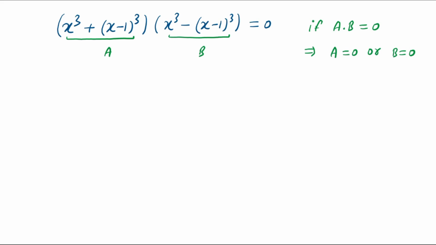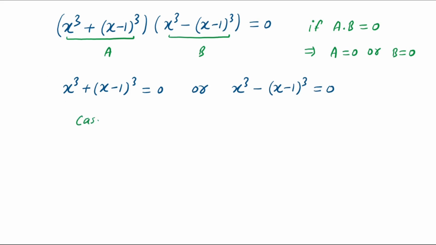According to this rule, we can write x cube plus (x minus 1) whole cube is equal to 0 or x cube minus (x minus 1) whole cube is equal to 0. This is case first and this is case second. First we will solve case first.